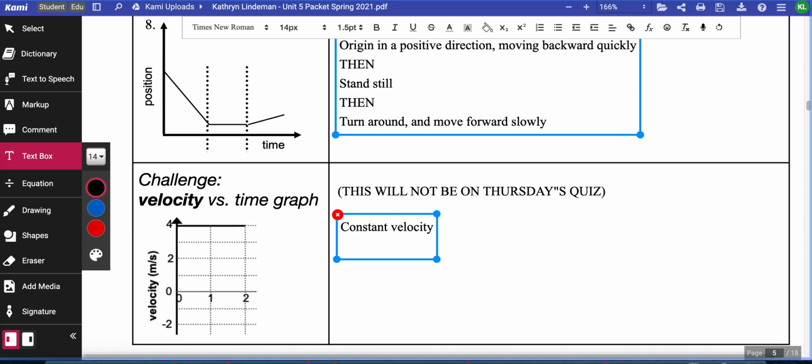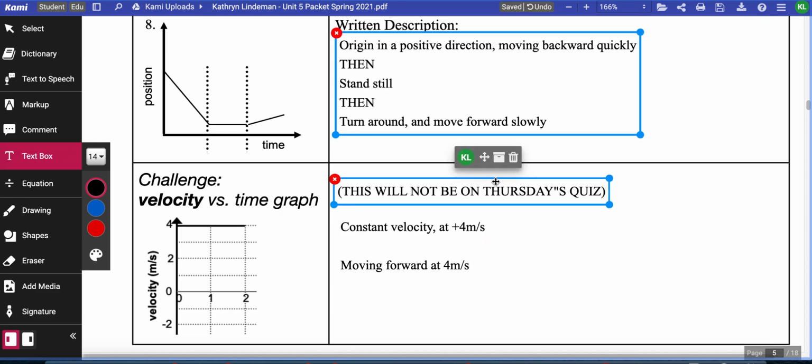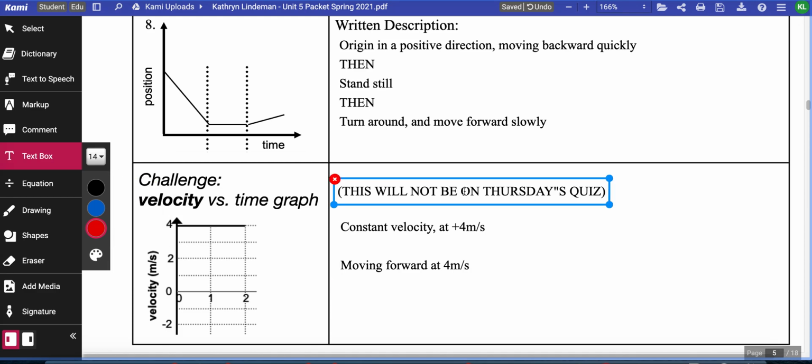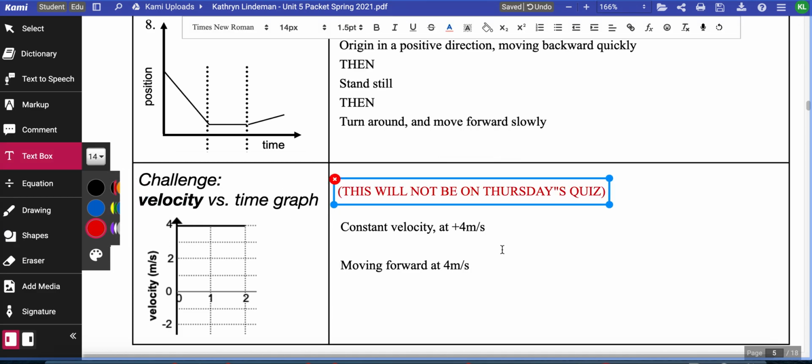We are moving forward because our constant velocity is positive 4 meters per second. So that means that we are moving forward at 4 meters per second. Okay. That's really all that we can pull from this. But yeah, this is not going to be on Thursday's quiz. I want to be very, very clear with that. Okay.